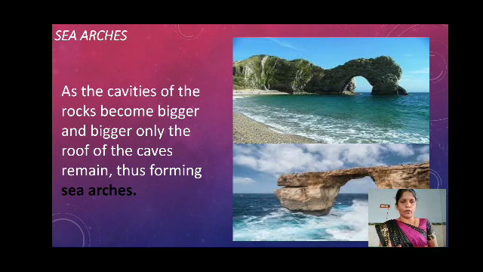The weak portion of the rock is removed, eroded fully because of the sea waves hitting. The holes become very big. Now both ends meet and only the roof appears, thus forming sea arches.